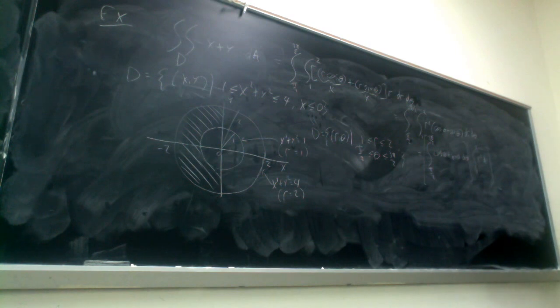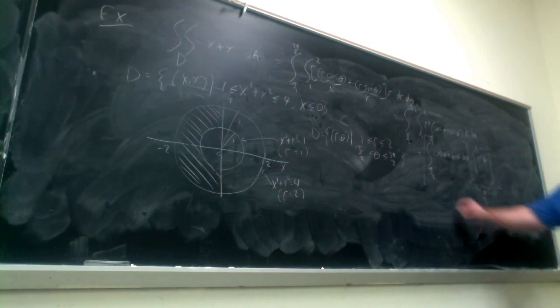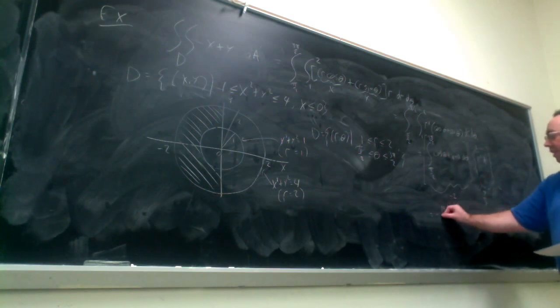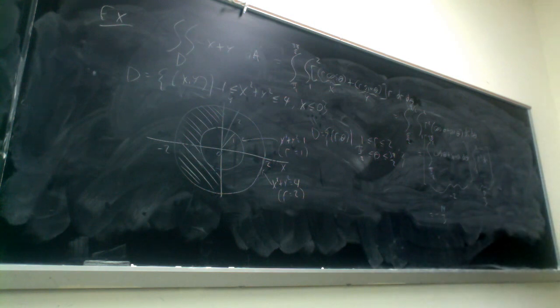Once you've got that, this works out to be 7/3, and this works out to be -2, so overall you get -14/3. And it's not surprising that you get a negative answer because throughout this whole domain, x is negative.